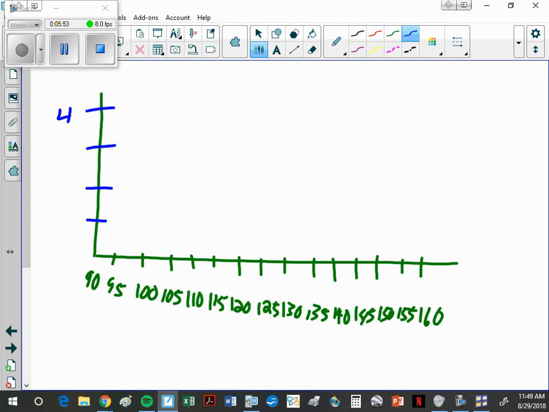Okay. So I'm going to go down the non-user list from 90 to 95. We have 1, but we divide it by the width, which is 5, and I get 0.2 right there. Okay. And then 3 divided by 5 is 0.6.